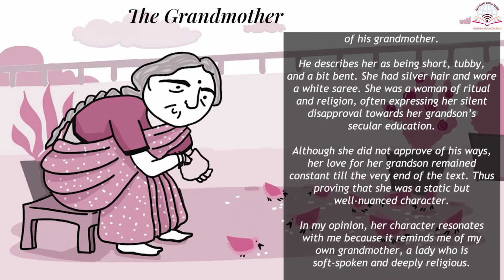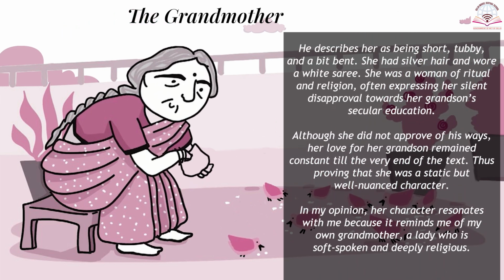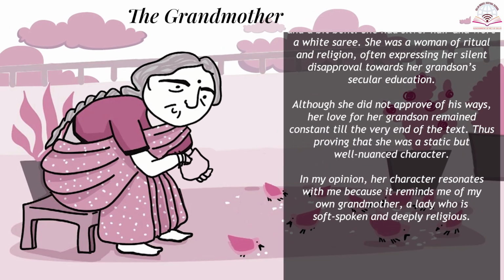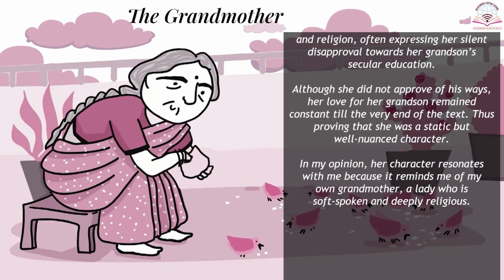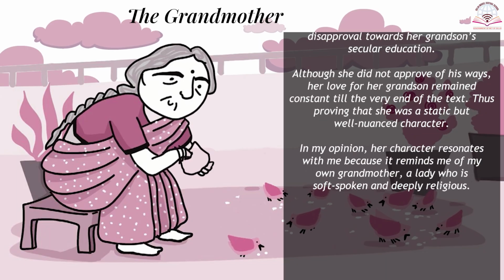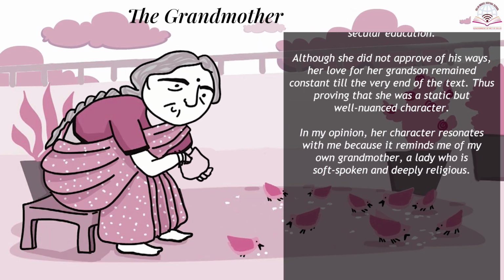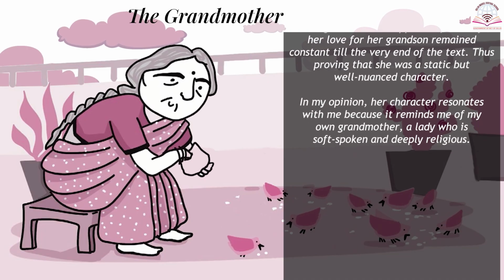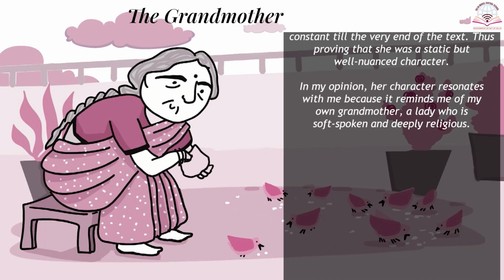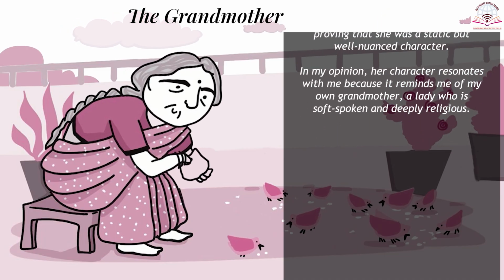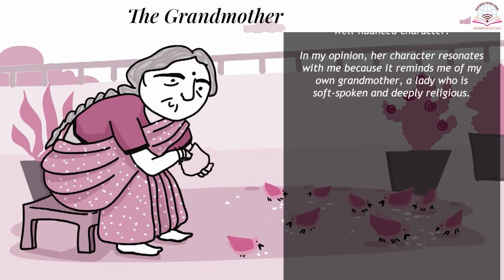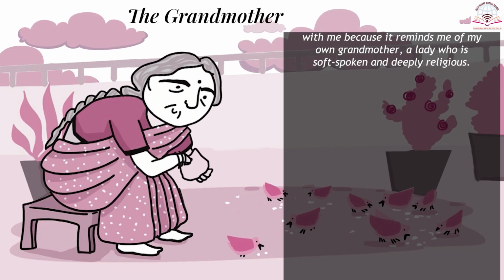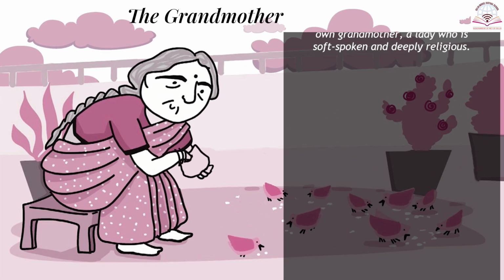Although she did not approve of his ways, her love for her grandson remained constant till the very end of the text, thus proving that she was a static but well-nuanced character. In my opinion, her character resonates with me because it reminds me of my own grandmother, a lady who is soft-spoken and deeply religious.